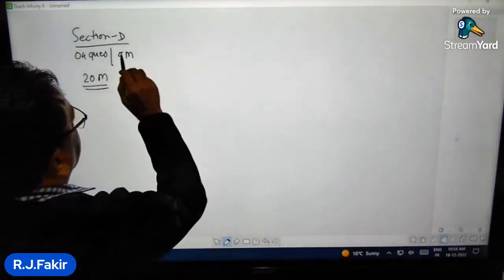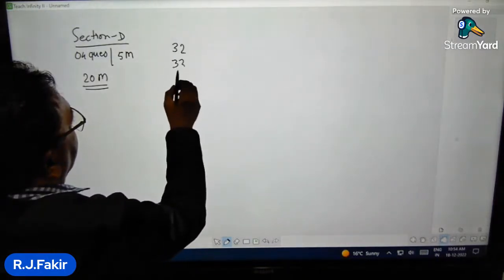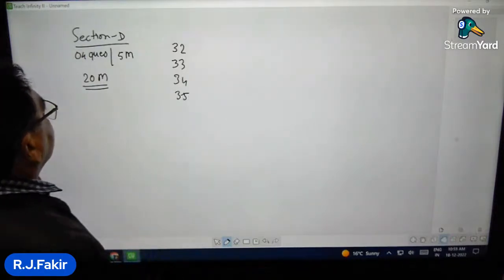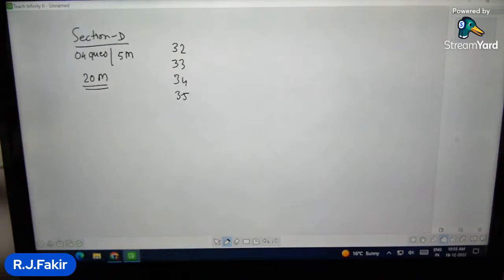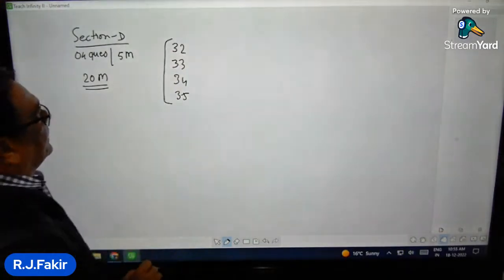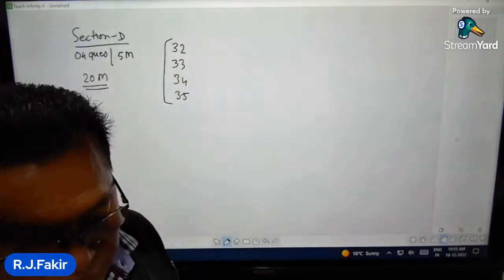And the question numbers in this section will start from 32, 33, 34, 35. So these 4 questions will be having weightage of 5 marks for each of the question.